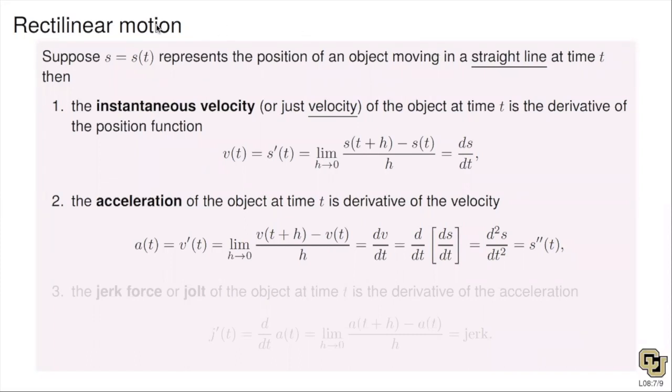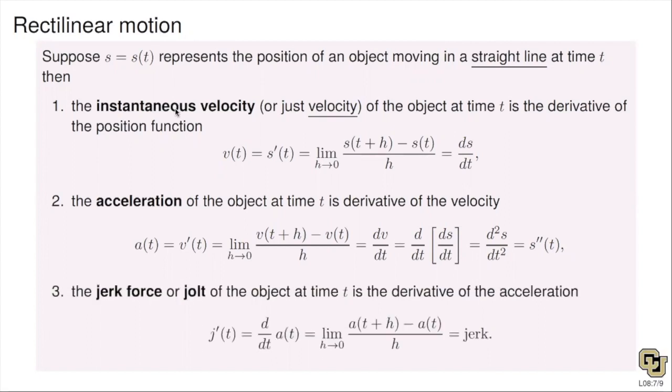One more, you can take the derivative of the acceleration. The rate of change of the acceleration with respect to time is known as the jerk, force, or jolt. You can compare someone who accelerates very fast or someone who accelerates very slow. The jolt is different. The jolt is defined to be the derivative of the acceleration, which means it's the derivative of the second derivative of position.